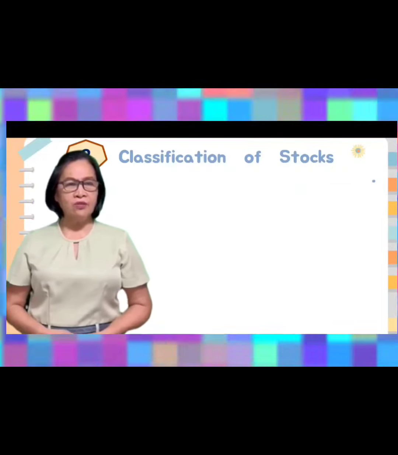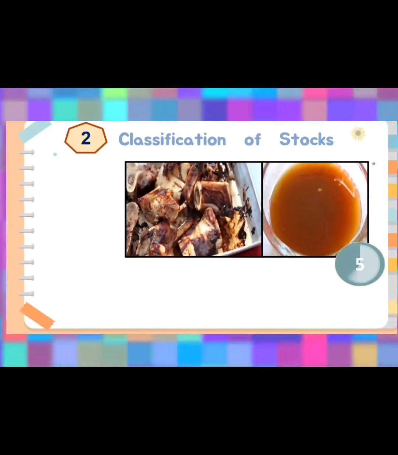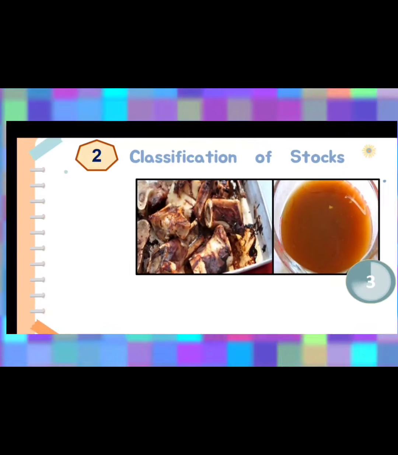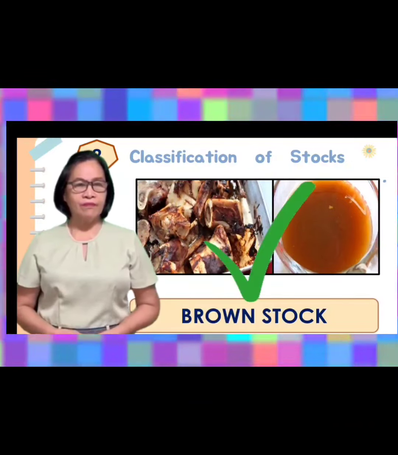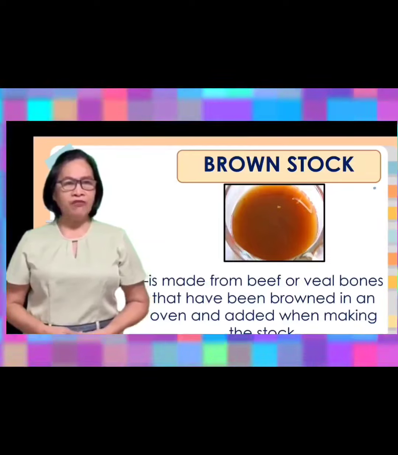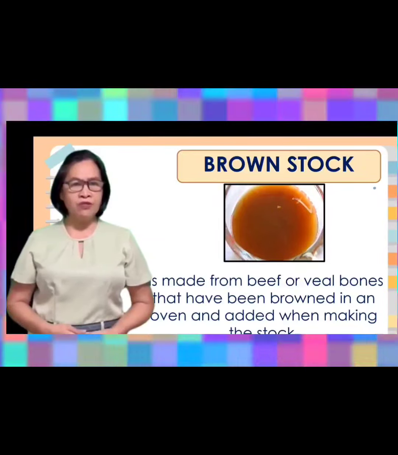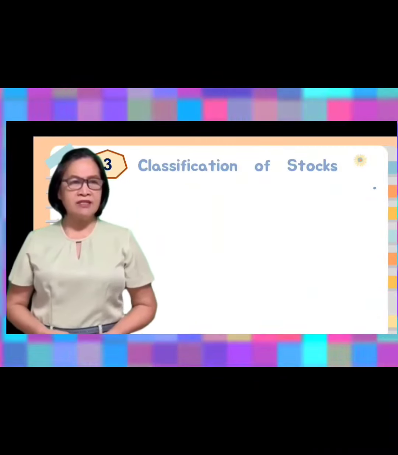How about the second one? You are right. Brown stock. It is made from beef or veal bones that have been browned in an oven and added when making stocks.